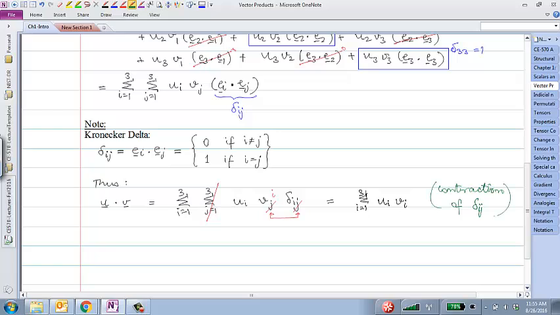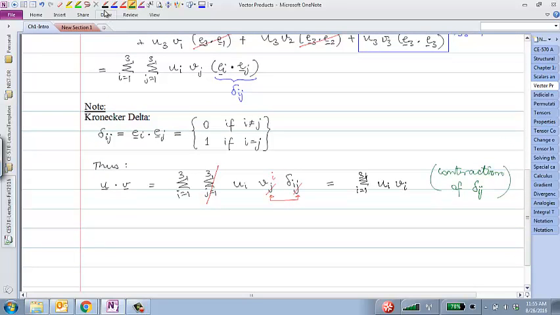So this is a very useful property that helps us simplify complicated long expressions. And indeed, immediately you can see that what this has helped us to do is to write this as a sum of 3 terms instead of 9 terms. This is just u1 v1 plus u2 v2 plus u3 v3, which is indeed what a scalar product is, right?